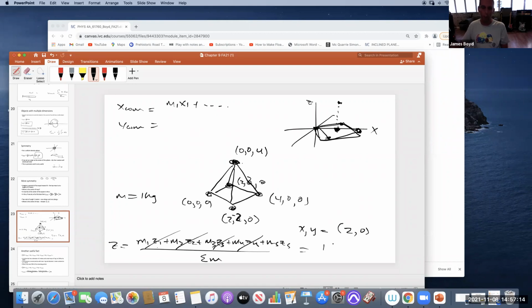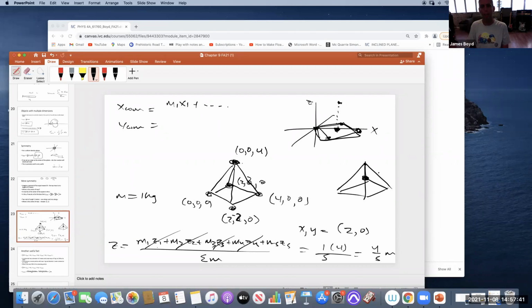Z5 would be 1 times 4 over the sum of the masses. They're 5 kilograms. This is 4/5 in the Z hat direction, 0.8, which means that our cool pyramid can be treated as a point particle that's 4/5 of the way up.